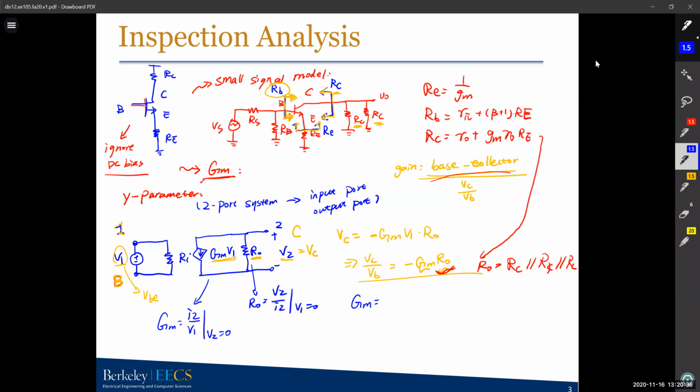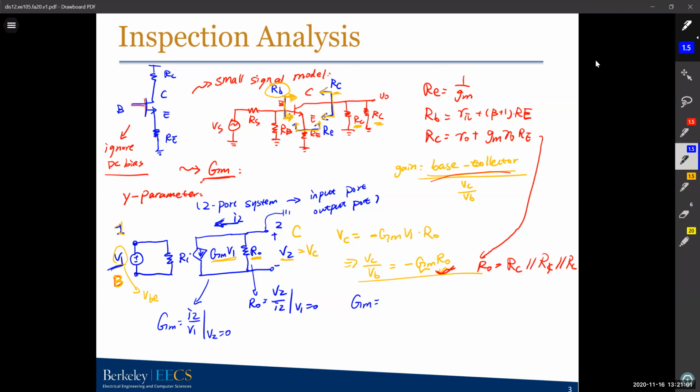So basically you have to ground your output port first. That means you have to ground your V2. And then you give an input signal V1 to the port 1 here. And then you calculate what's the current I2, what's the current on the second port. So if you have a V1, what's the I2? And then you take the ratio, you get GM.